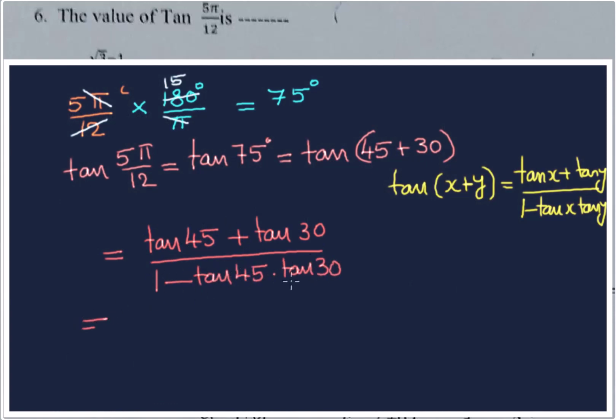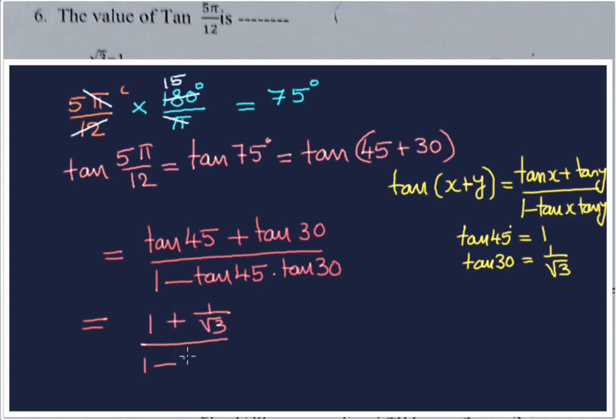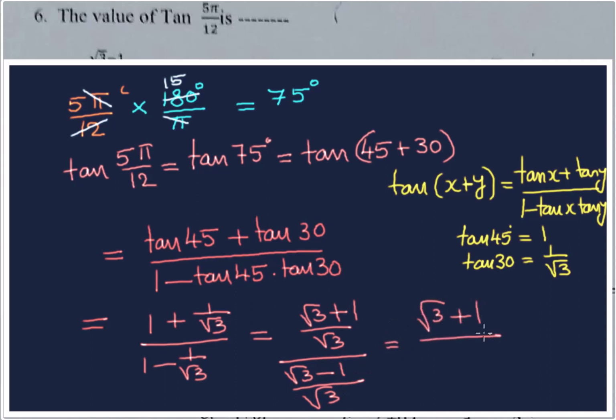We know tan 45 is 1 and tan 30 is 1 by square root of 3. So the expression becomes 1 plus 1 by square root of 3 whole divided by 1 minus 1 by square root of 3, which can be reduced to square root of 3 plus 1 divided by square root of 3 minus 1, which is the answer.